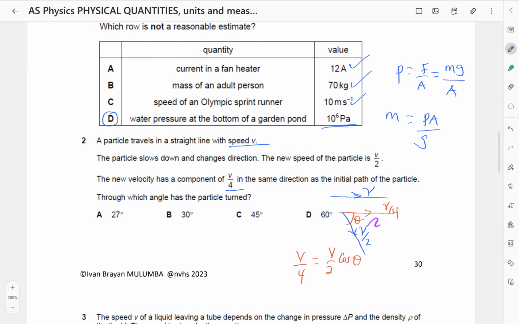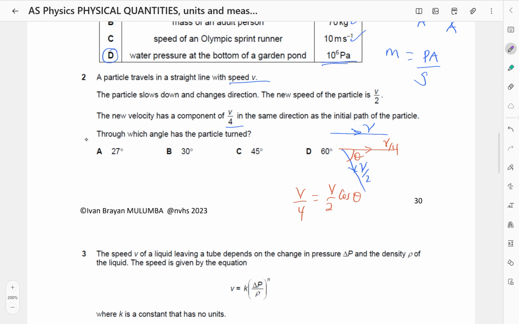If the component of v over 2 in the initial direction of the particle is v over 4, it means when I resolve v over 2 in the same direction as the initial direction of the path, it is going to give me v over 4. So that's why v over 2 cos theta is v over 4. So now I can just check this.